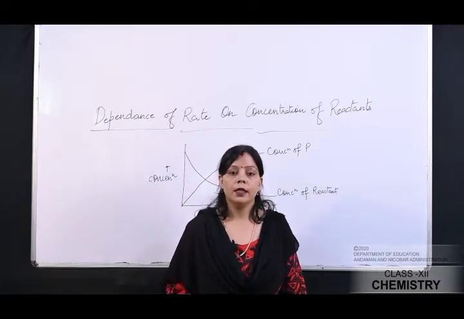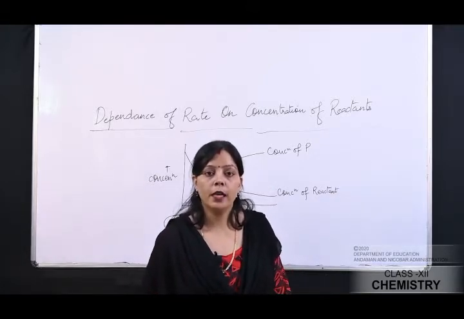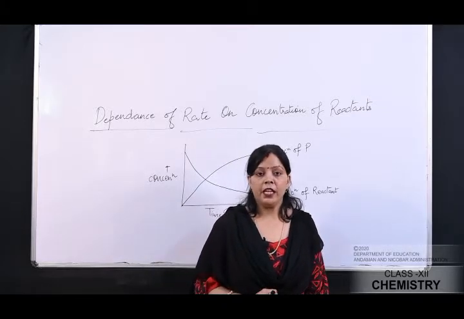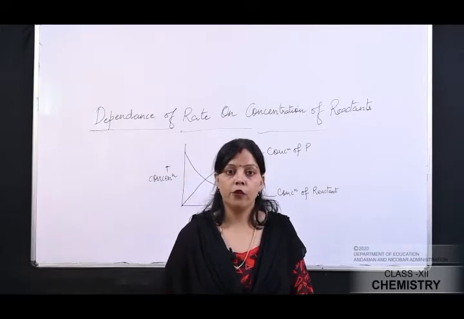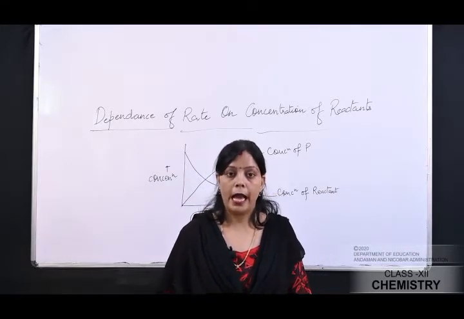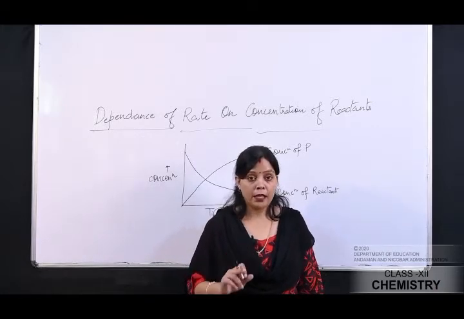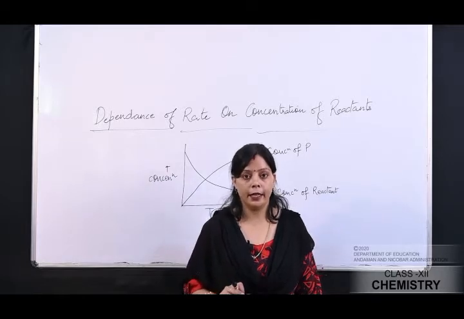It means the rate of the reaction is directly proportional to the molar concentration of the reactant. It can be explained with the help of an example. A piece of wood burns faster in oxygen as compared to in the air, because the concentration of oxygen is higher in the former case than in the latter case.